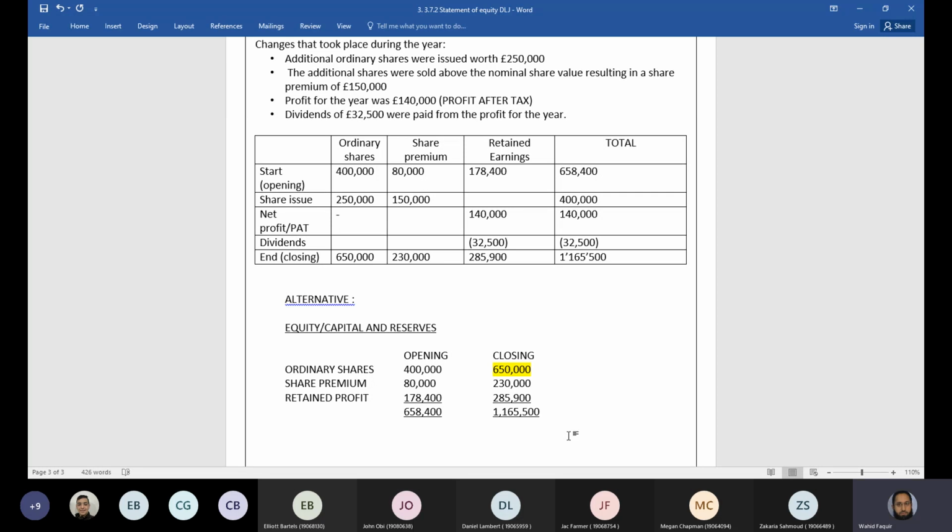Right, other than Charles, has anybody managed to get a calculator and top these figures up?